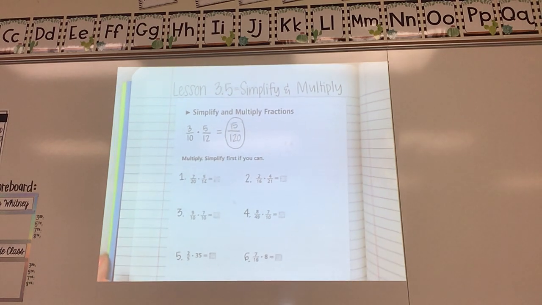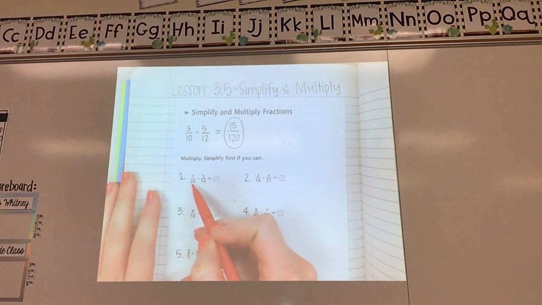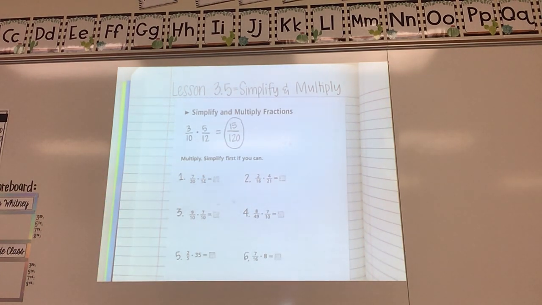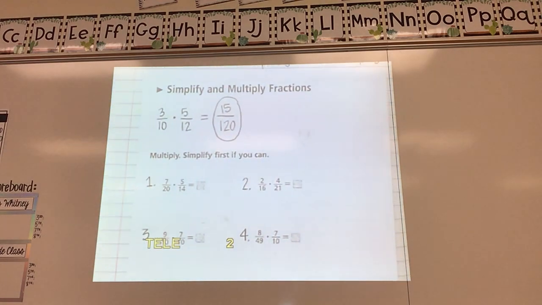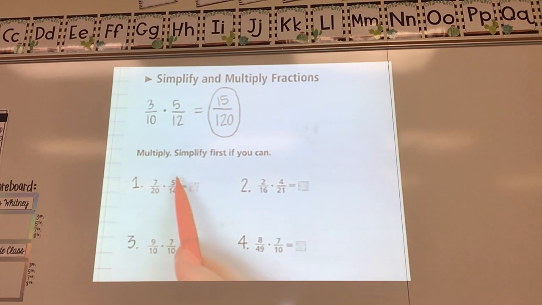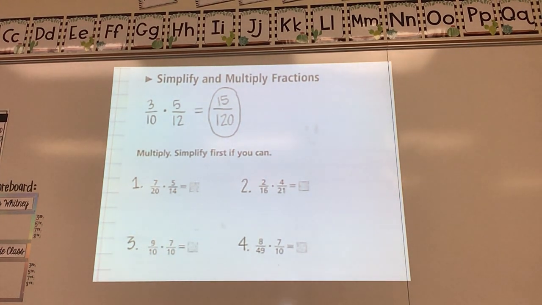Let's look at number 1. We have 7/20ths and 5/14ths. Let me see if I can zoom in for you here just a minute to make it easier to see. There you go, that will be easier. So 7/20ths and 5/14ths. To see if I can simplify, I'm going to look diagonally.